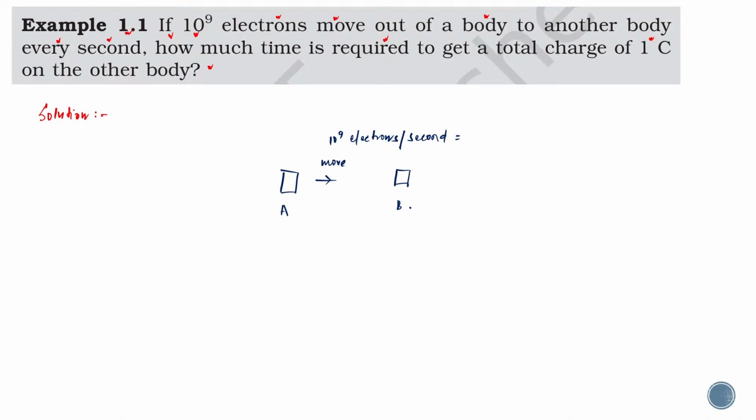When we convert 10 to the power 19 electrons per second into charge, this will be 10 to the power 19 times the charge on 1 electron, which is 1.6 into 10 to the power minus 19 coulomb, per second. Therefore here will be 1.6 into 10 to the power 19 into 10 to the power minus 19, equal to 1.6 coulomb per second.